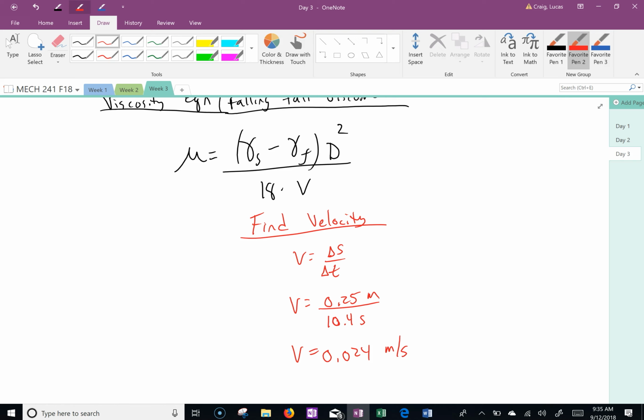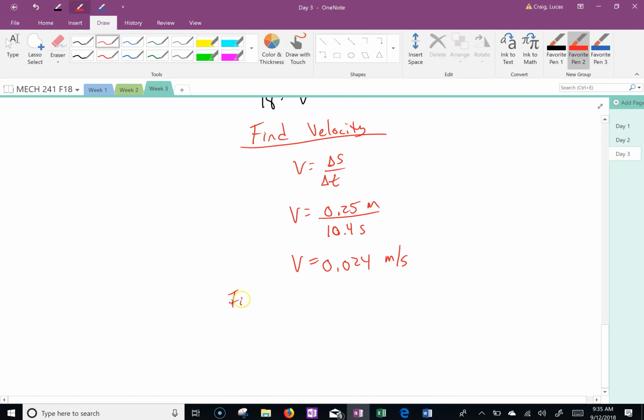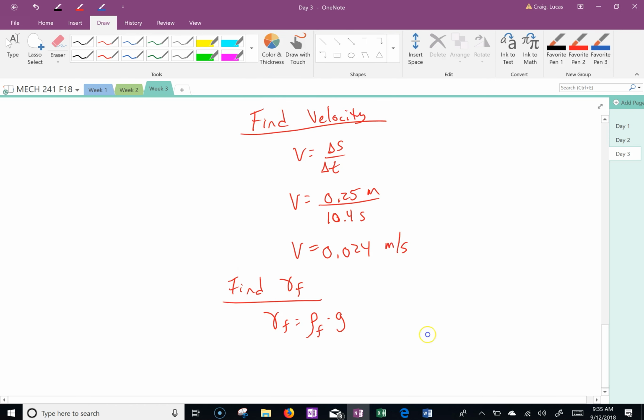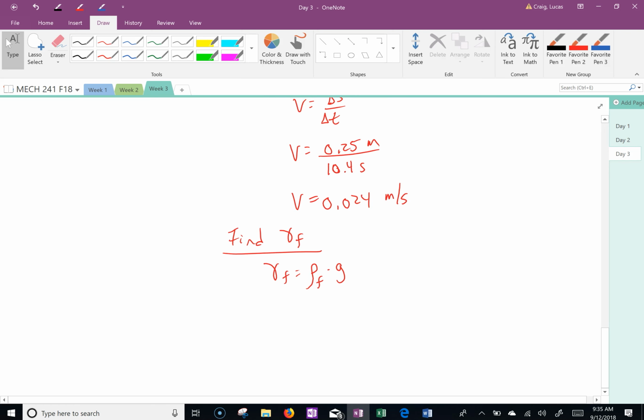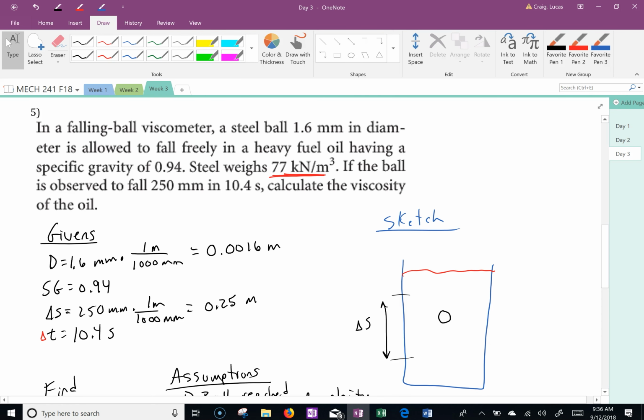What is gamma? Specific weight. Yep. So find gamma of the fluid. That's the density of the fluid times G. It says that it's a heavy fluid of this oil having that specific gravity.